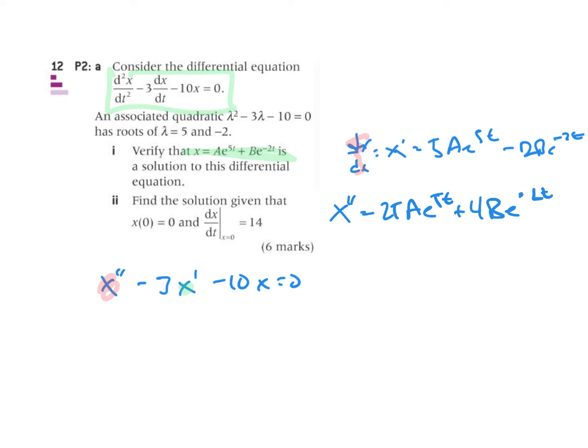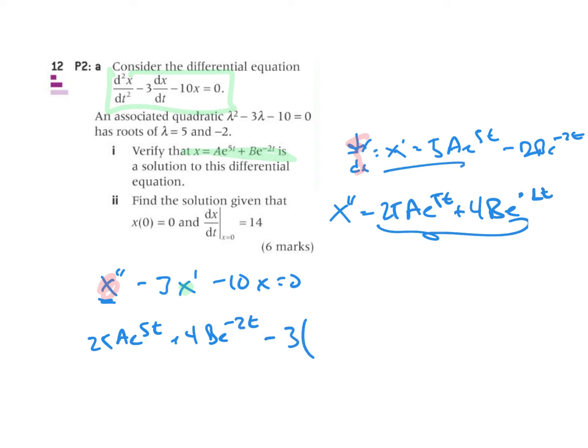And so now, if I take this value and plug it in for x double prime, so 25ae^(5t) plus 4be^(-2t) minus 3 times x prime, which is up top here.